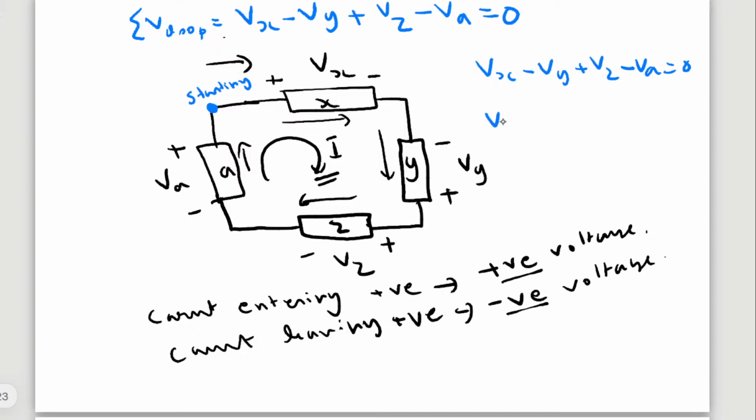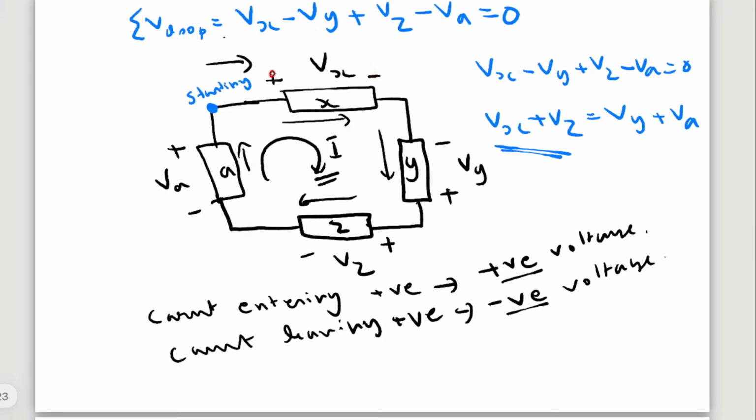This can be written as Vx plus Vz equal to Vy plus Va. So what is this Vx plus Vz? Let me check the polarity. Vx is this, then Vz is this. According to the direction of current, here it is plus, here it is minus.